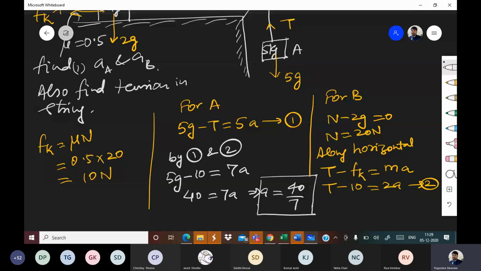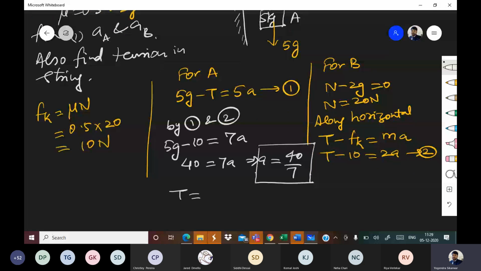Now comes the tension. Tension can also be calculated easily. I am using equation 2. So T is equal to 10 plus 2A, so 2 into 40 by 7. So T is equal to 10 plus 80 by 7, so 70 plus 80 by 7.